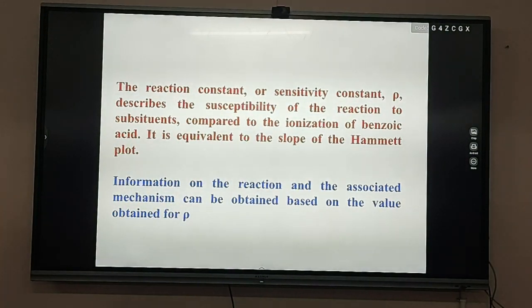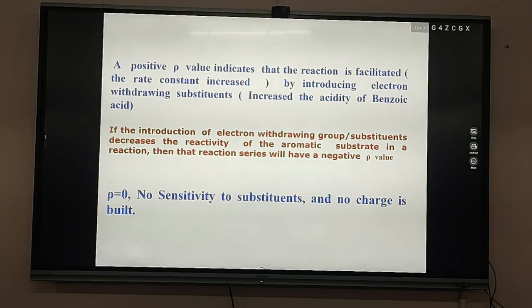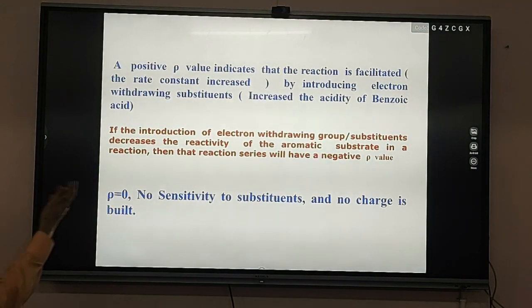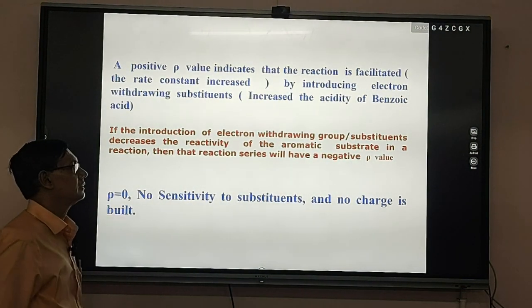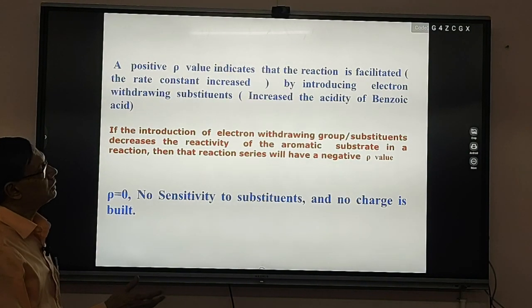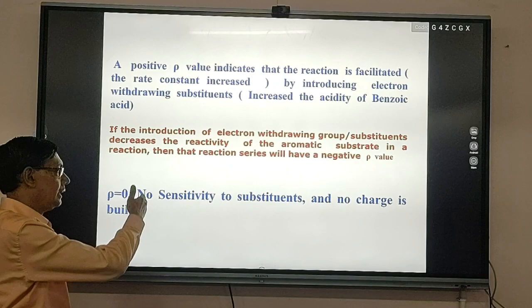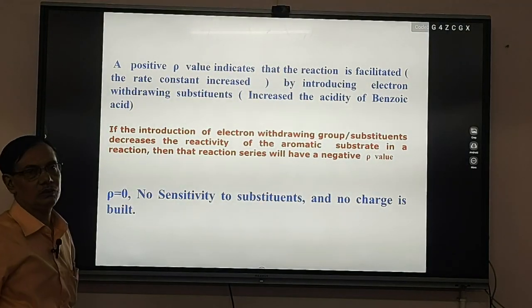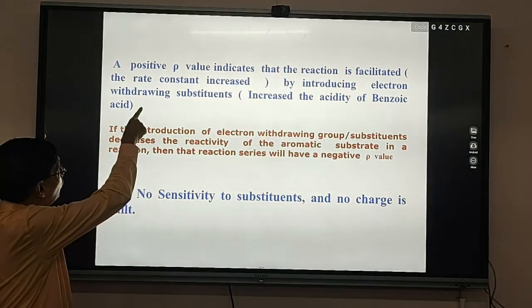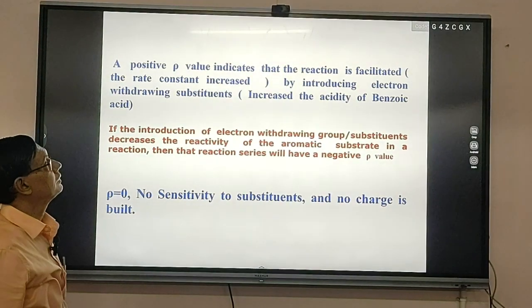For example, suppose I will give some numerical problems after this class for homework. Suppose you plot a graph between log k by k0 and substituent constants, and your slope value is positive.